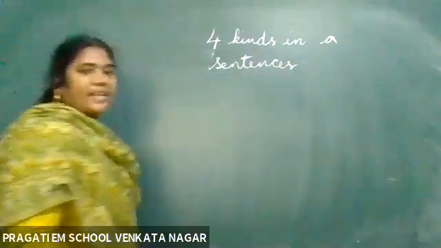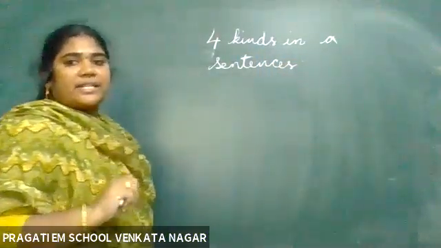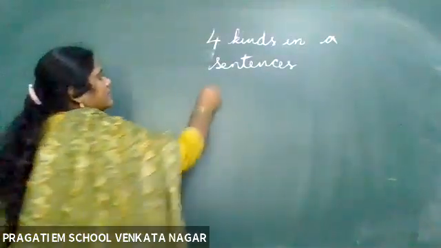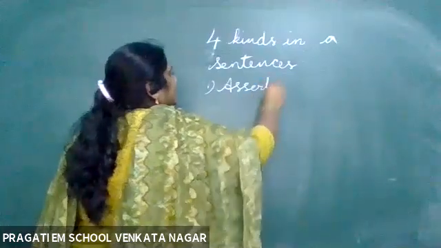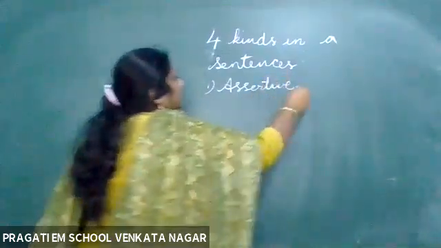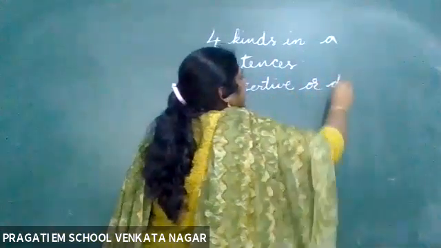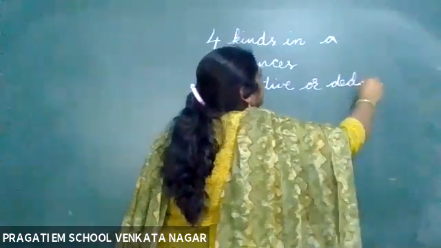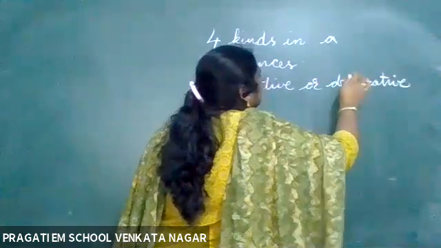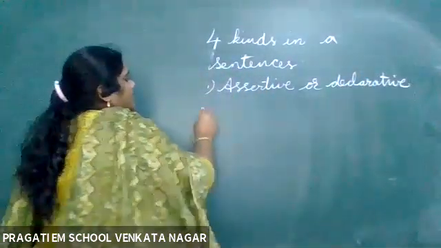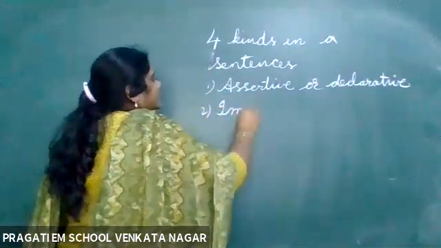How many kinds are there? There are 4 kinds in a sentence. First one, assertive or declarative. Second one, imperative.